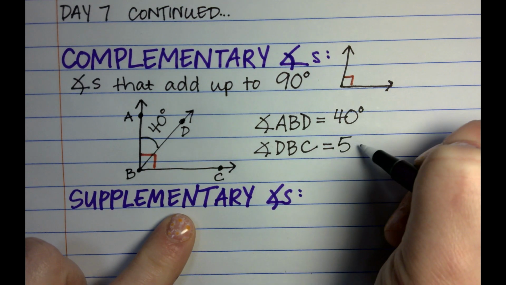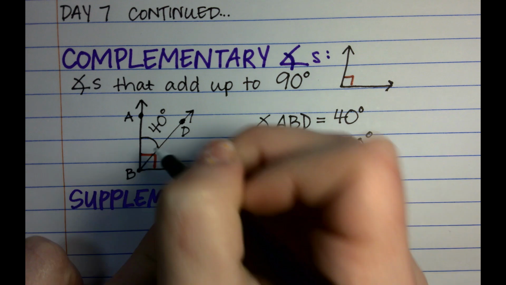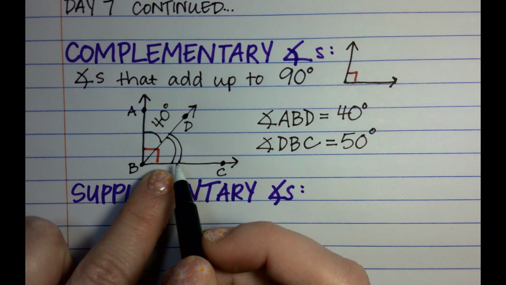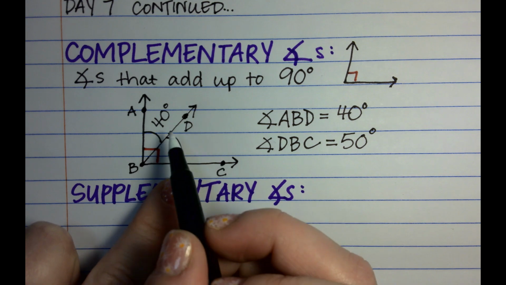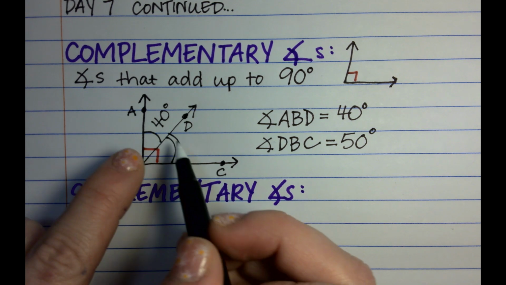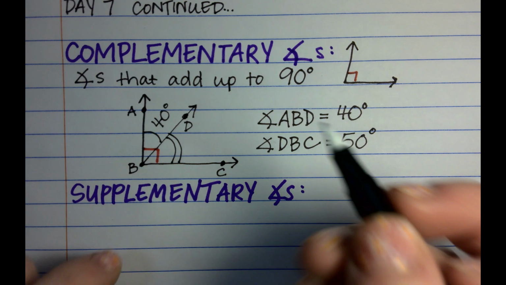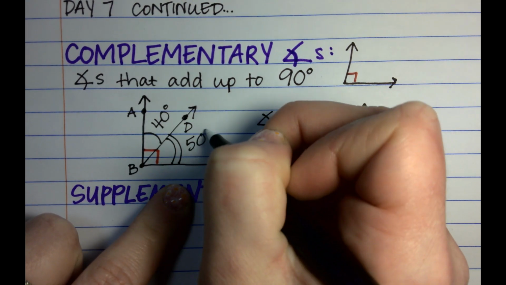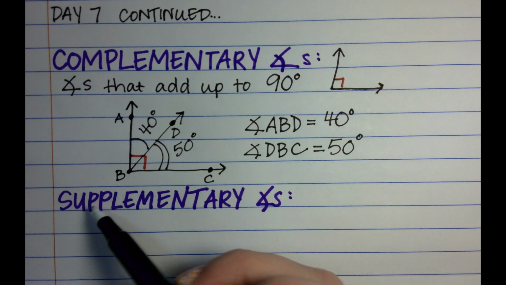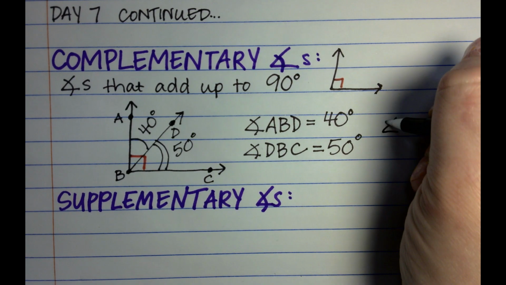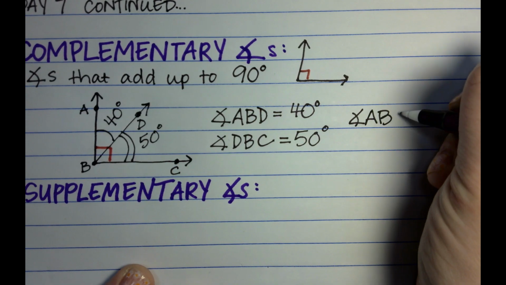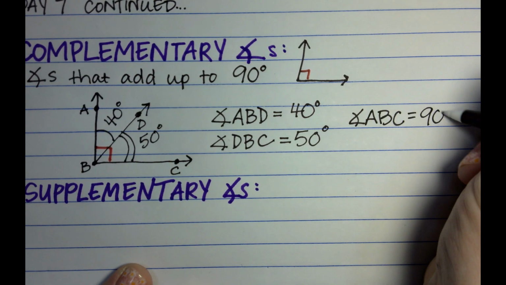So DBC is 50 degrees. And since it is not the same measure as ABD, instead of drawing one arc to label it, I'm going to draw two, a different number of arcs to show it's a different angle measure. So 40 degrees, 50 degrees, and then ABC for the whole angle, angle ABC is 90 degrees.